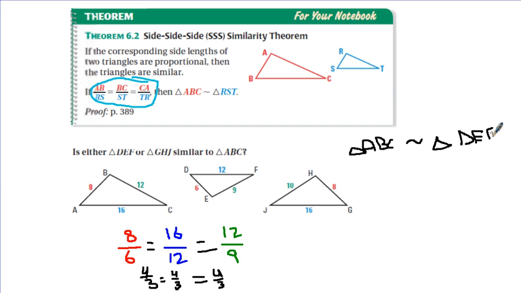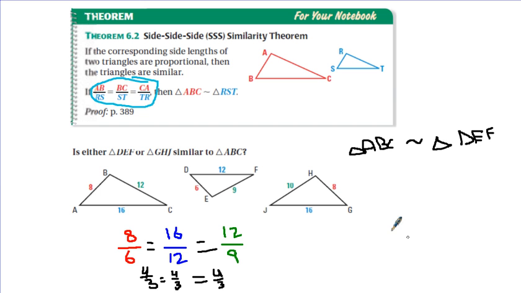And that's all you need to do using side-side-side similarity as your shortcut. You need to check all three sides, use the short side as a ratio, a big side as a ratio, and then what's left over as your final ratio. So ABC and DEF are similar to each other.